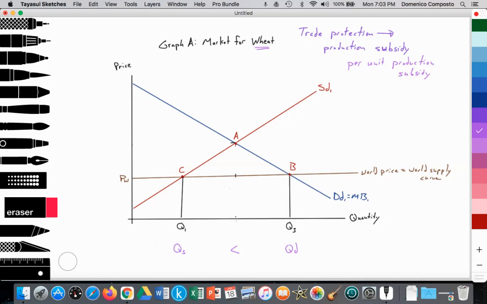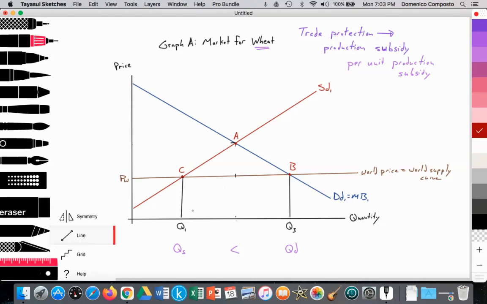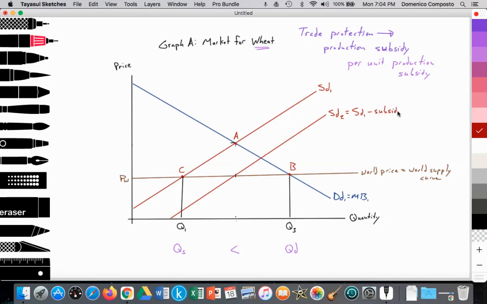Assuming that parallel shift, we'll see the supply curve shift outward, let's say to this point here, from SD1 to SD2. Supply in the domestic economy would be equal to SD1 minus the subsidy.